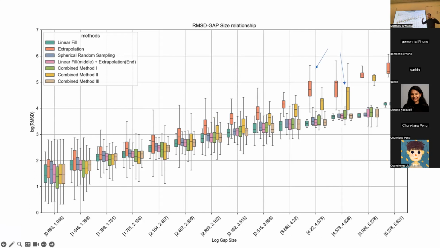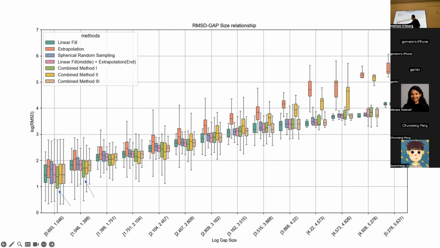The residues adjacent to the existing structure look good, but for the residues in the middle, they will not be very good. And for small gaps, combined method will usually perform better in these cases.